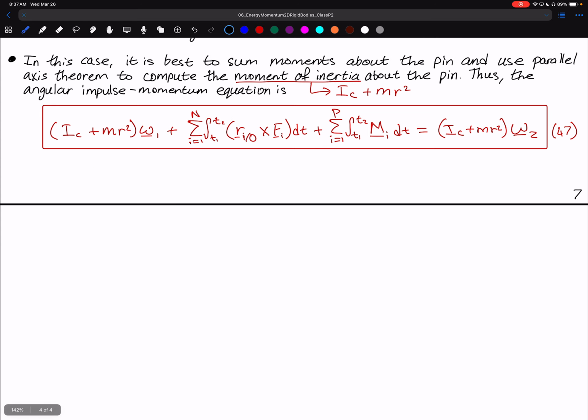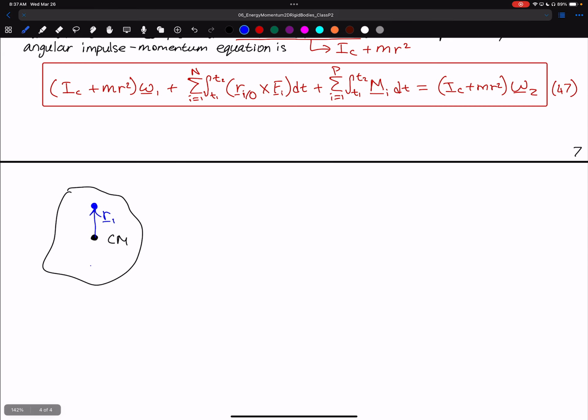So I'm going to draw another rigid body. I'm going to put the center of mass over here. I'm going to consider a point right here. We'll call its position R1. Consider another particle over here. We'll call this R2. So this is particle P1. This is particle P2.